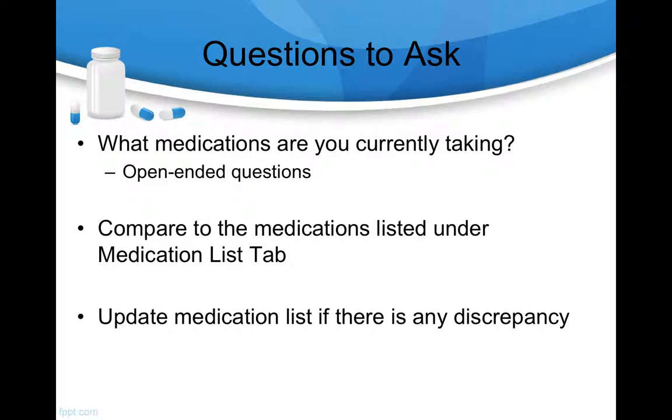If you ask a close-ended question like, "Are you taking any medication?" or "Are there any changes in your medication list?" the answer will be just yes or no. That does not give us the information we need. When the patients give you the names of medications they are on, you can compare to the medication list on Workflow and update the list if there is any discrepancy.